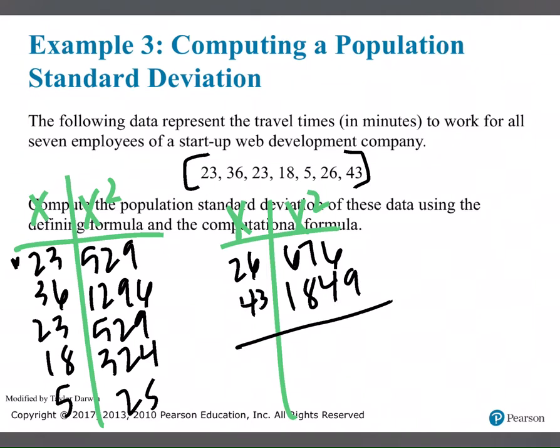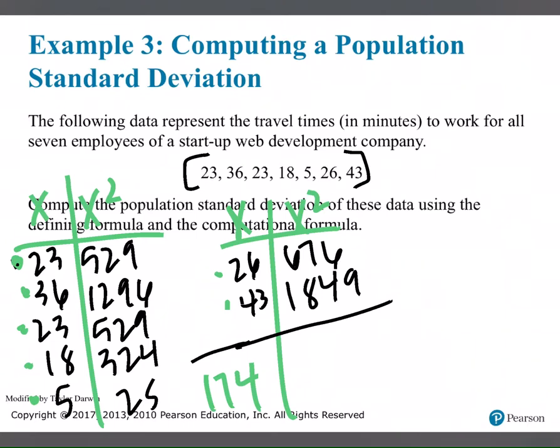And part of the formula, I'll write it down up here actually. Part of the formula says to add these all up. So the summation. So I'm going to add 23 plus 36 plus 23 plus 18 plus 5 plus 26 plus 43. And I'm going to get 174.